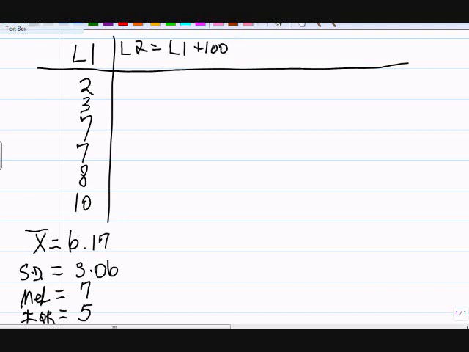Okay? So you can do this with your calculator nicely. I'll go into Edit, go to List 2, arrow all the way up to where I'm highlighted on List 2, and then I say L1 plus 100.